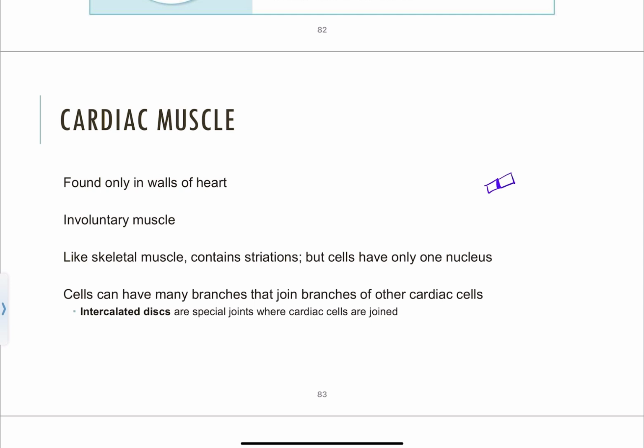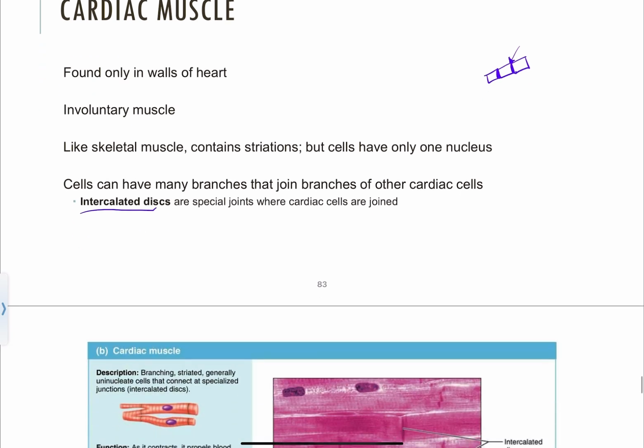Where they connect is a little bit darker, especially under a microscope. And that darker region where they're connecting is called an intercalated disc. So it's a special type of joint between all the cardiac muscle cells. And in these joints, you can find things like desmosomes that help them resist the tension between the different cells as the heart is undergoing contraction and relaxation.